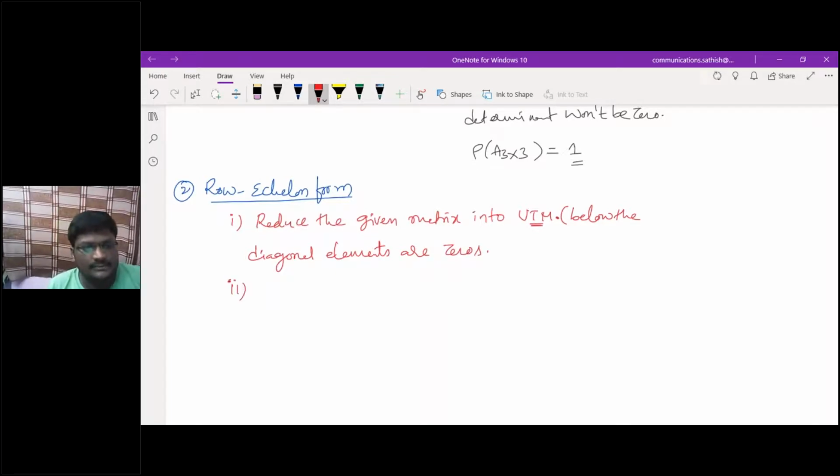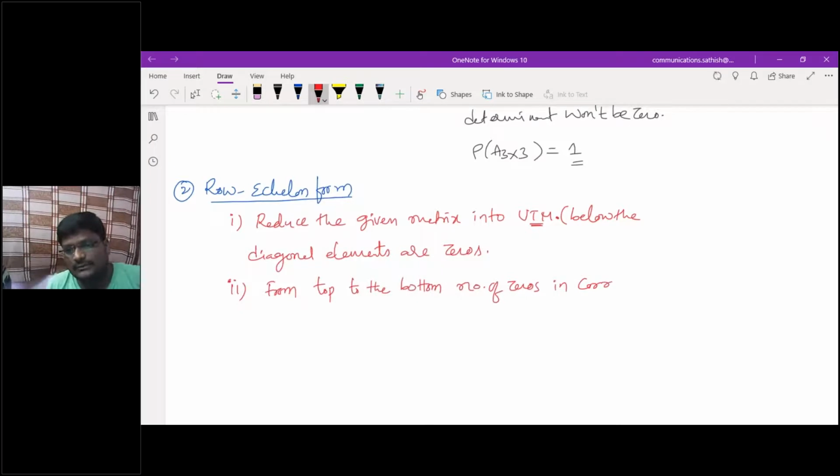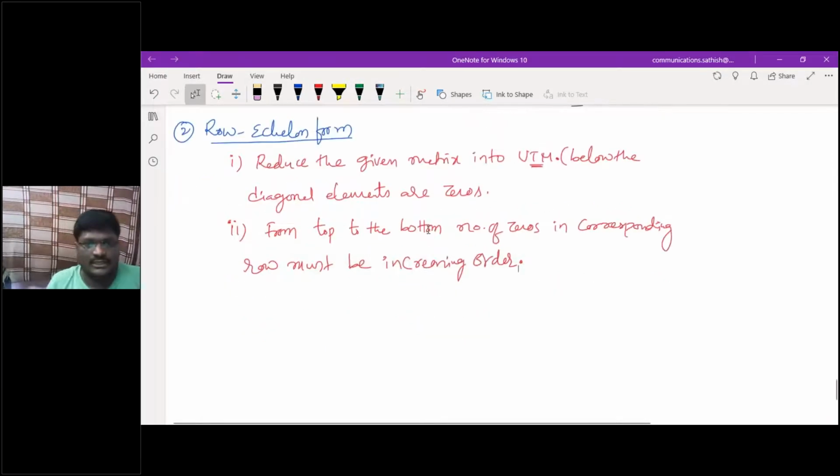And one more point while doing this: from top to bottom, the number of zeros in the corresponding rows must be in increasing order. Let us take an example.